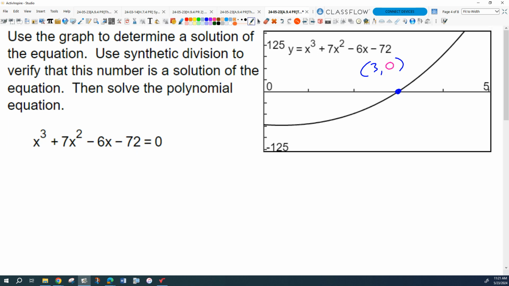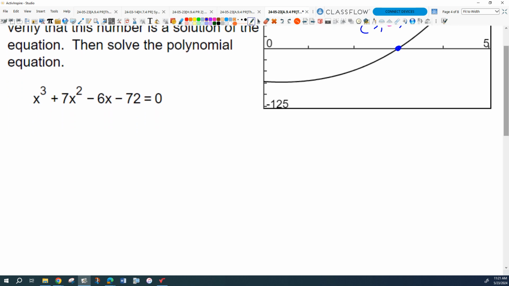The y value is 0. That tells us something important. If the x-intercept is 3, then 3 must be a zero of the function. X-intercepts, this is a really important thing that we mentioned a while ago, but you may have forgotten.